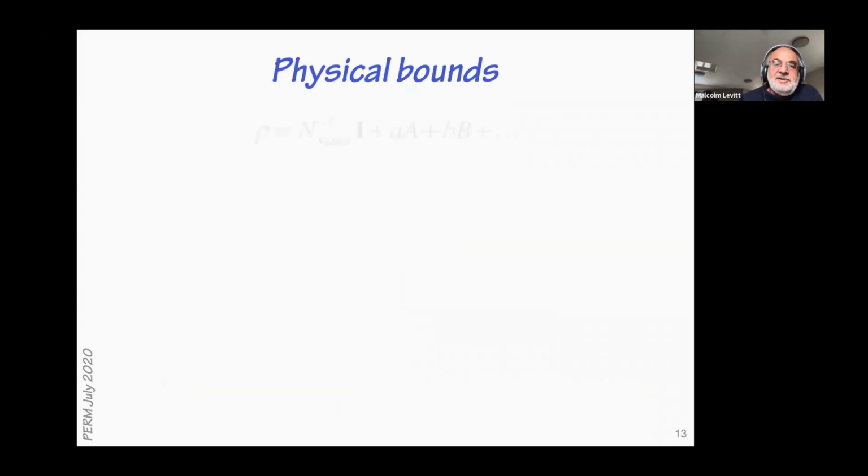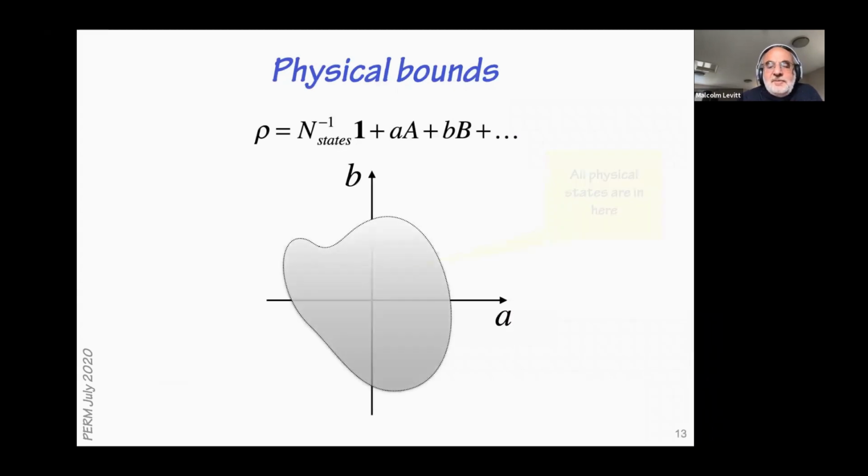So let's just take a simple example. The basic idea is that there are many different numbers here, but if you just took two of them, A and B, you can make a sort of two-dimensional space. In fact, it will have many more dimensions because of the number of operators here.